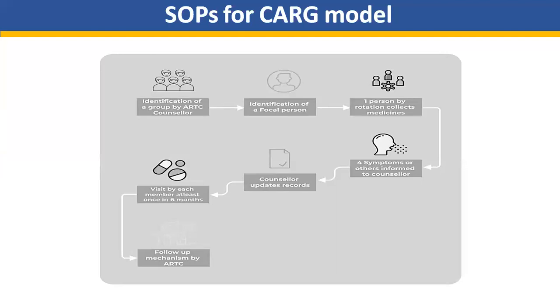Four symptoms have to be tested by that member before he is coming for all the group members, and he has to calculate all the remaining pills that are with the patient, with his peer, and visit by each member at least once in 6 months, and follow-up mechanism by the ARTC. This is the basic standard operating procedure for the CARG model.